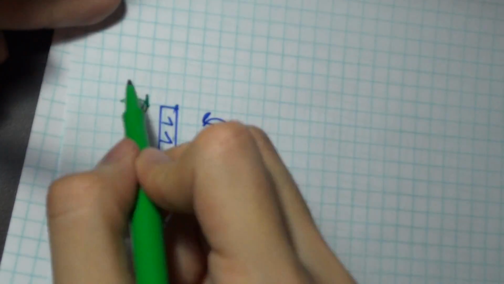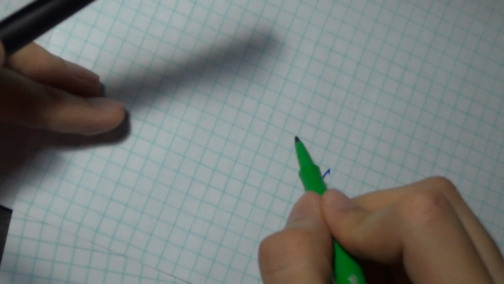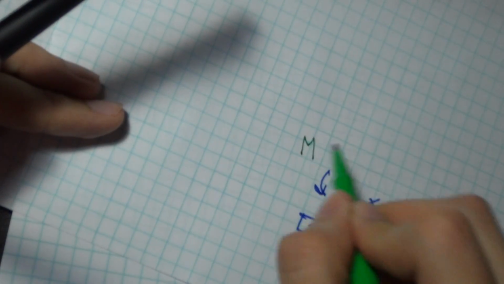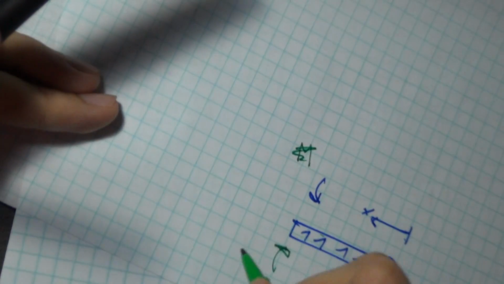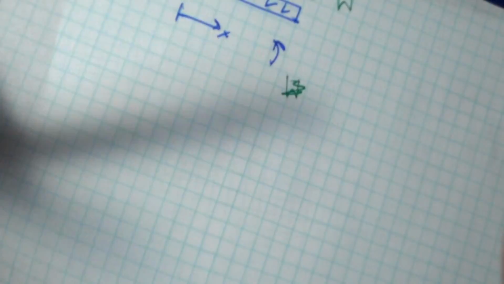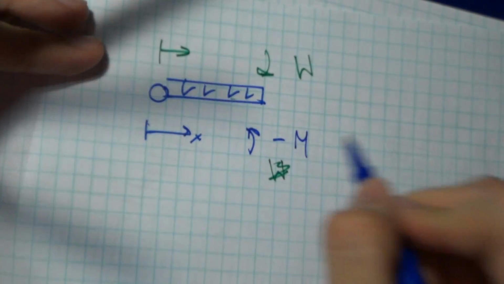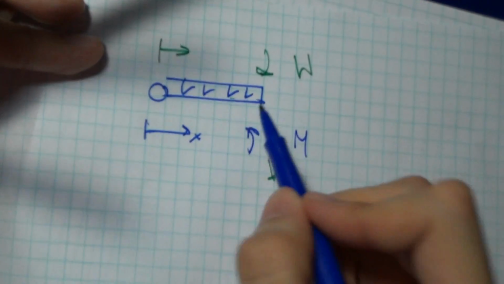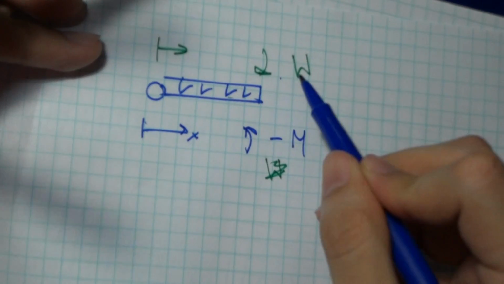When I say it's okay, I mean that if I do it this way, I might get some value m here. If I do it this way, I might get some value negative m. So even though these arrows are pointing in opposite directions, the signs of these two values will be different.